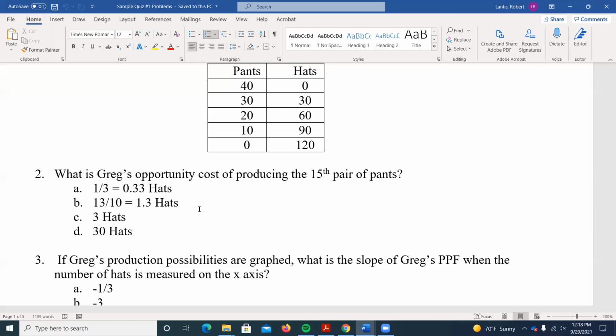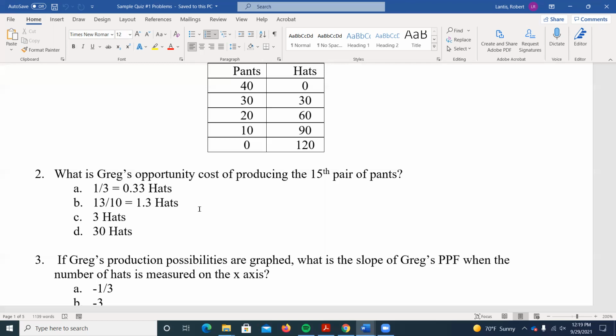If I know that to produce 1 more pair of pants I have to give up producing 3 hats, then to produce 1 more hat, I would give up 1/3 of a pair of pants. So whatever slope I find here is the cost of my x-axis good. If I put the other good on the x-axis, the opportunity cost of producing that other good would be 1 over the cost of whatever my x-axis good was.